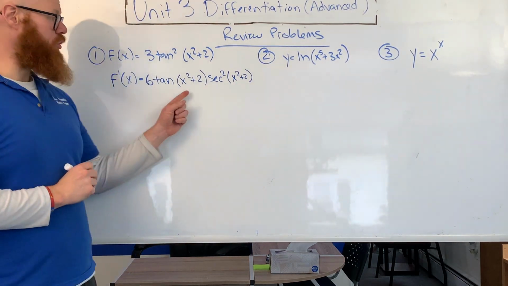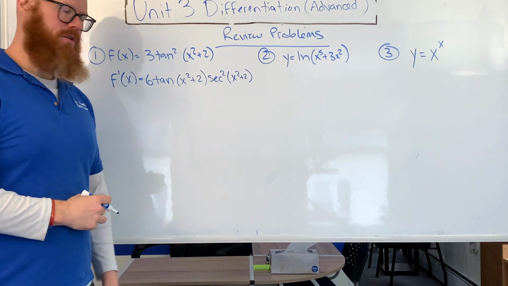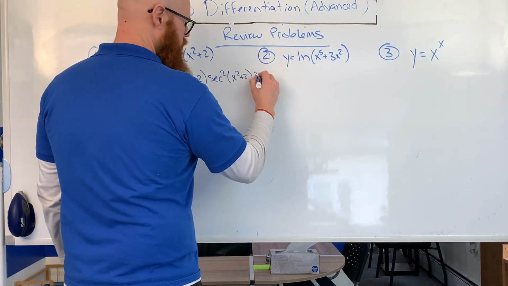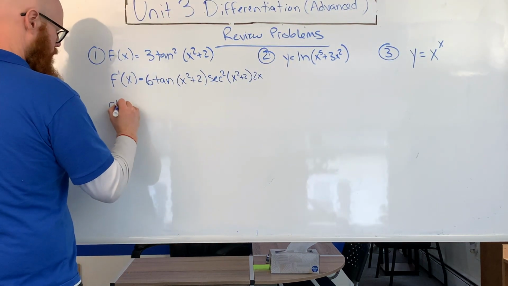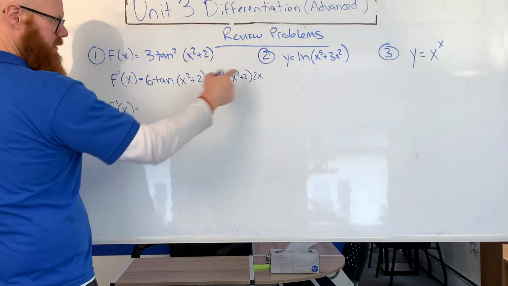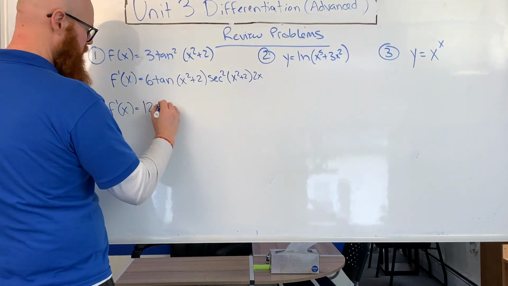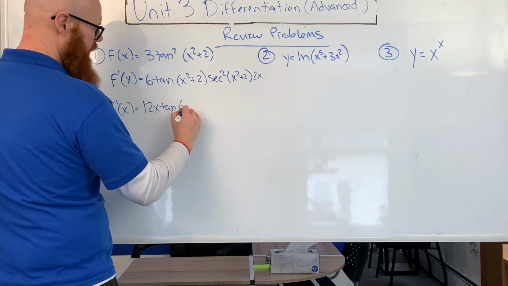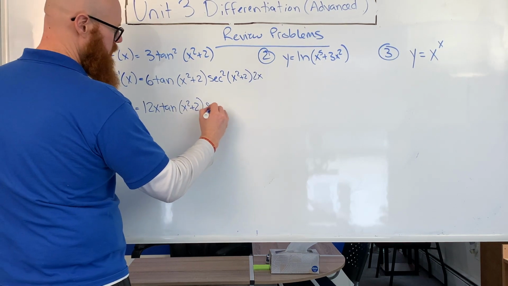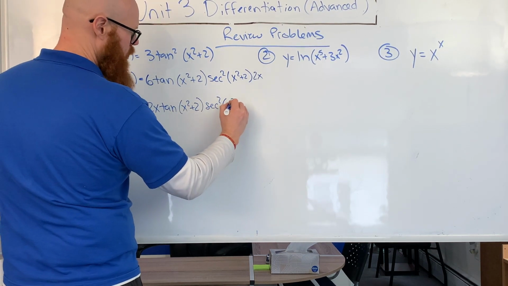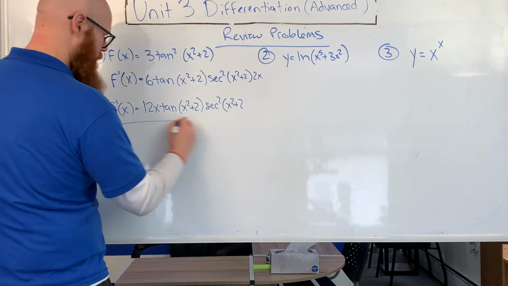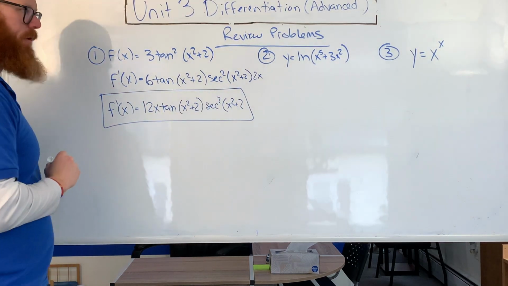Now we move into the innermost function, x squared plus 2, and the derivative of that is 2x. So we could best write this as 6 times 2x is 12x tan of x squared plus 2 times secant squared x squared plus 2. And that would be our first derivative.